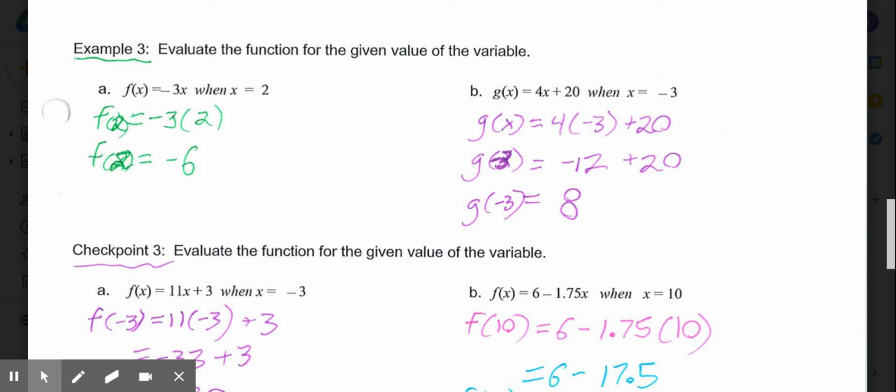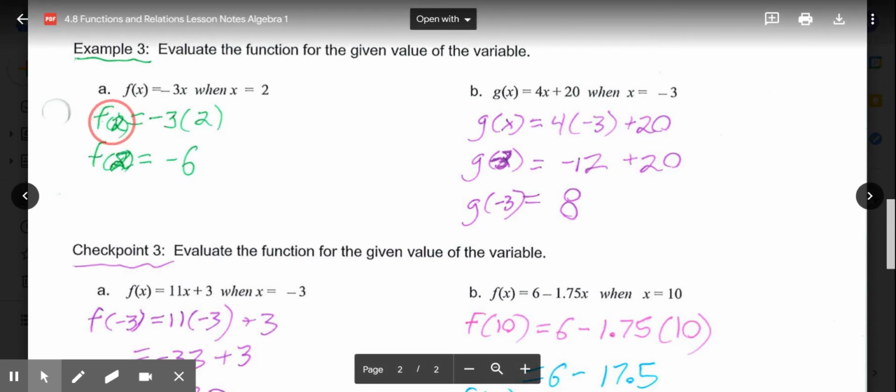When we do that, we rewrite the function notation as f, parentheses, whatever number you're putting in for x. So f of x in this case becomes f of 2, and that would equal negative 3 times 2. So the input of 2 gives us the output of negative 6.